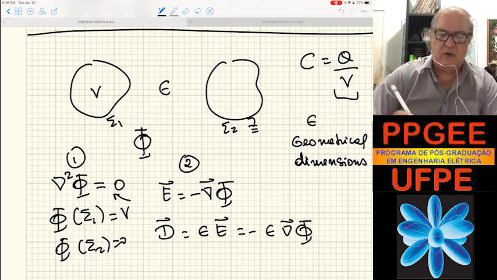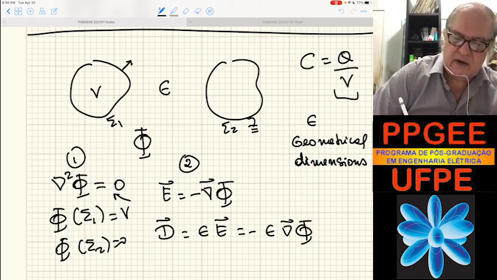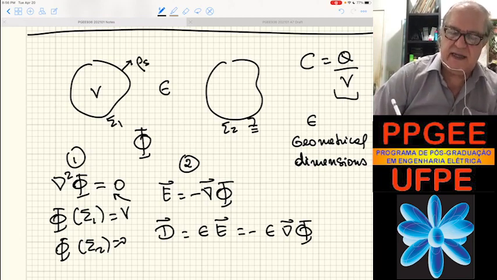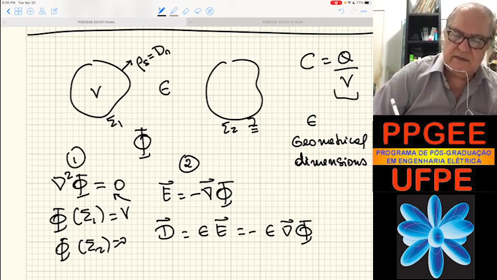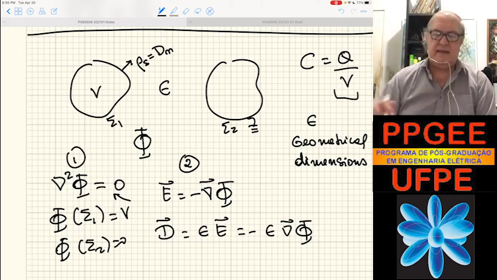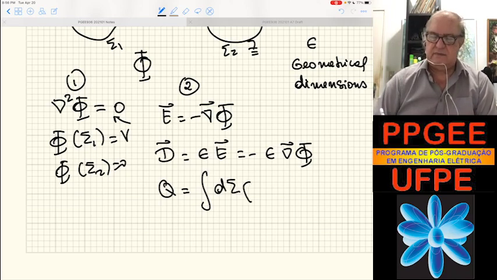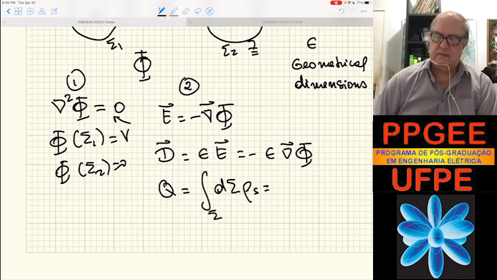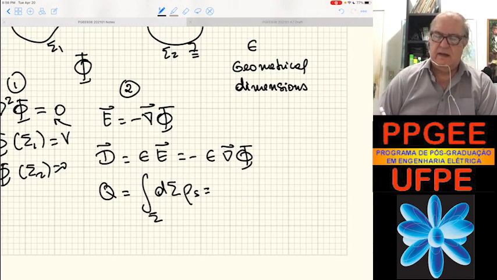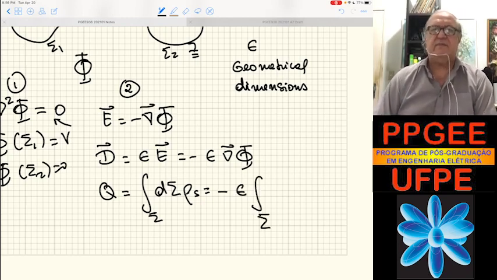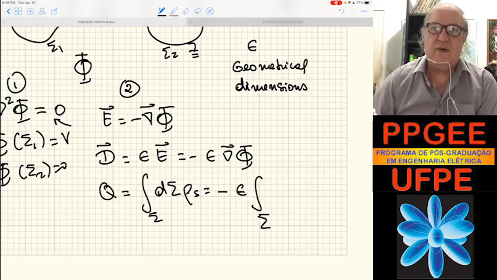And finally, we go on the surface. You calculate the surface charge density, which is the normal D. And after that, you calculate the charge on the positive electrode, which is simply minus epsilon times the integral on the positive electrode of the normal derivative of the potential.